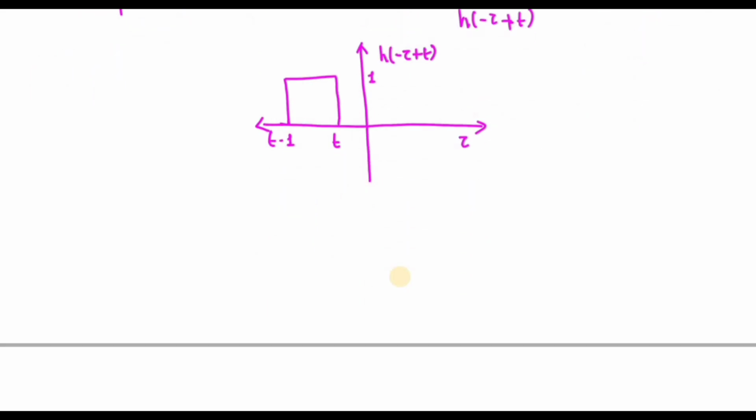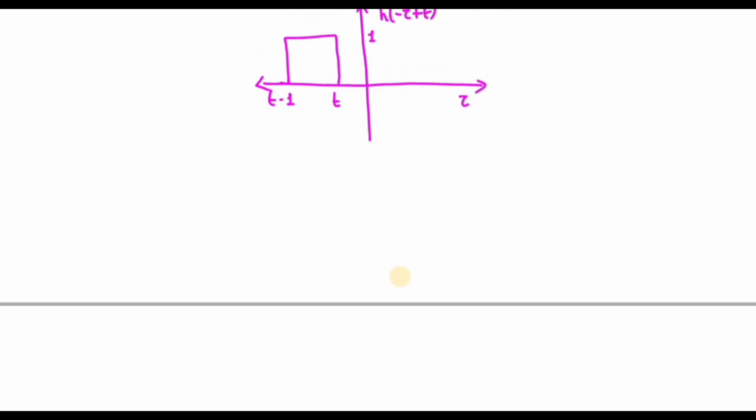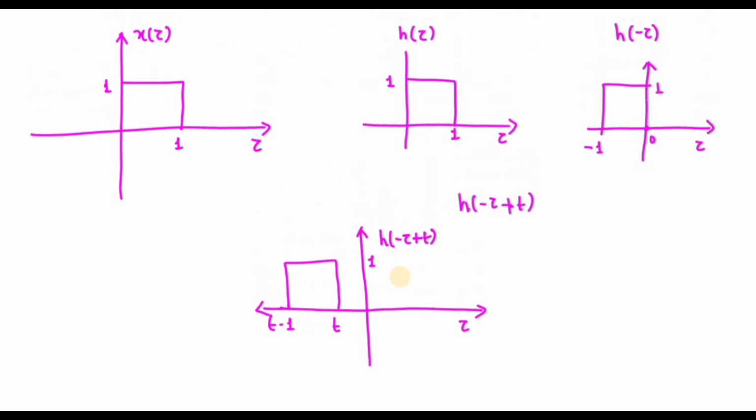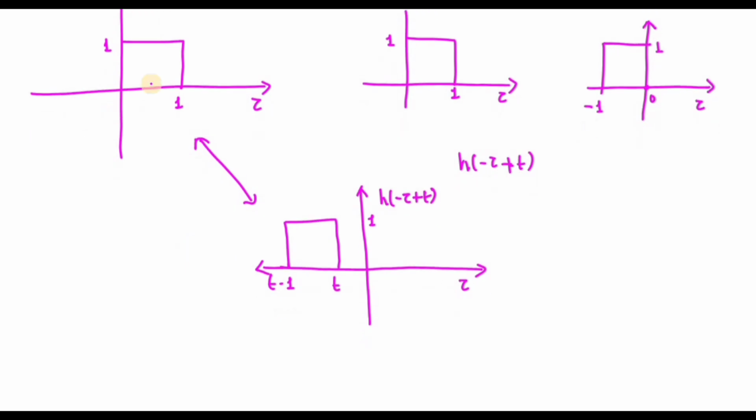So now I'm going to multiply these two things. If I multiply those two, it has to be 0. You can see obviously x of t is equal to 0 here, since t can take any value. If t is less than 0, y of t is equal to 0.